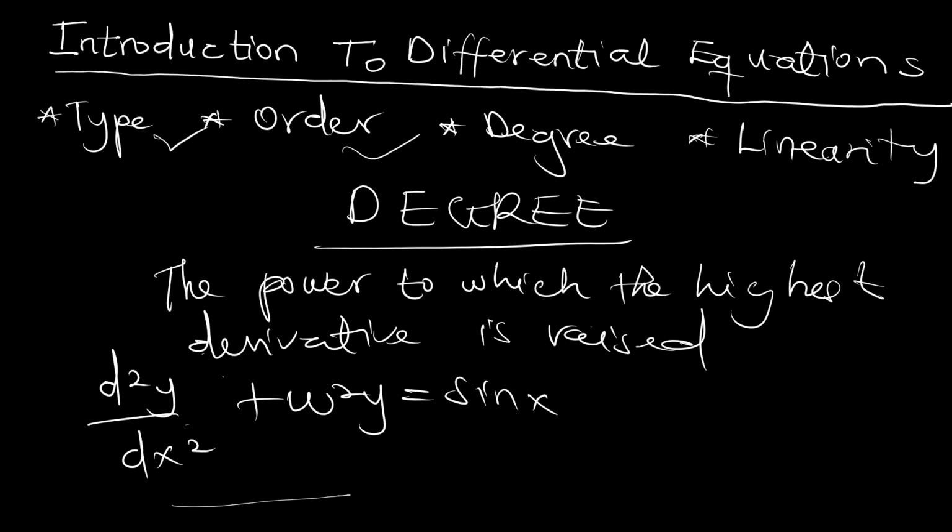That's the second order. So then I look at the power. This is raised to power 1 because it is standing alone. So that means this is a what? It's a first degree, or a degree 1 differential equation. So it's a first degree differential equation, or a differential equation that has a degree of 1.